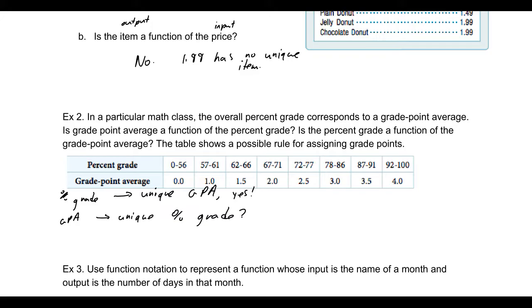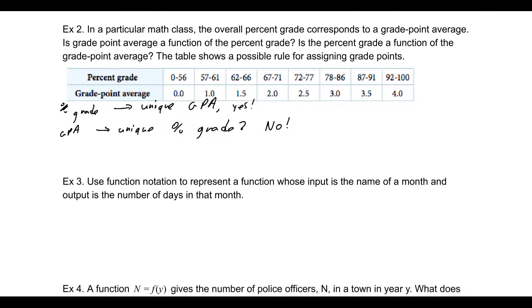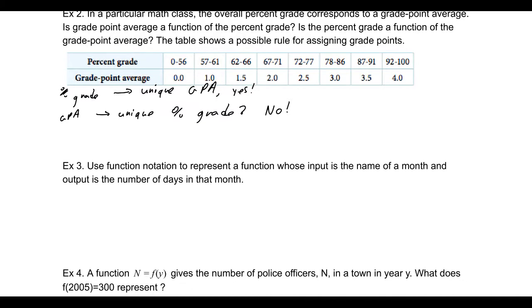In this case, if I take something like 1.5, there are actually 5 values: 62, 63, 64, 65, and 66. There are 5 different values. So this does not. So the order that you have inputs and outputs matters.